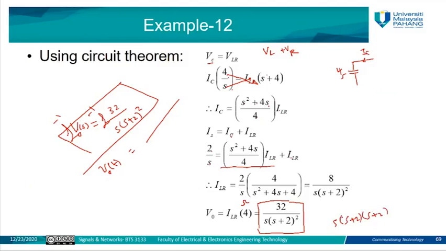You are going to apply the inverse Laplace method that we learned previously, the partial fraction method, to find the value of V out as parts. Then we find the inverse Laplace of each part in the table of the Laplace transform.